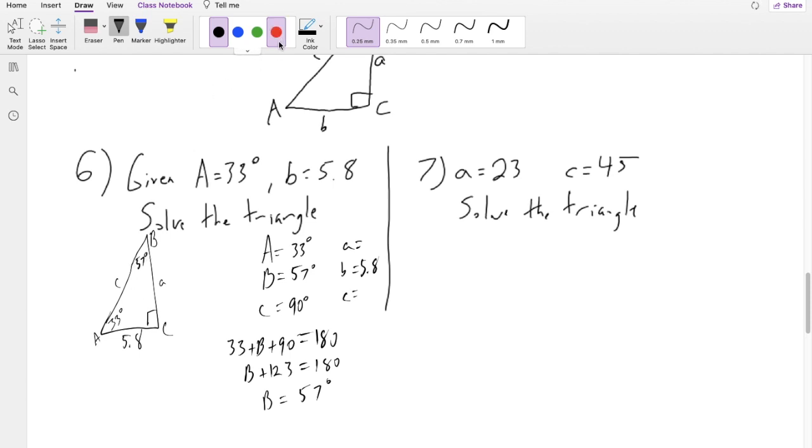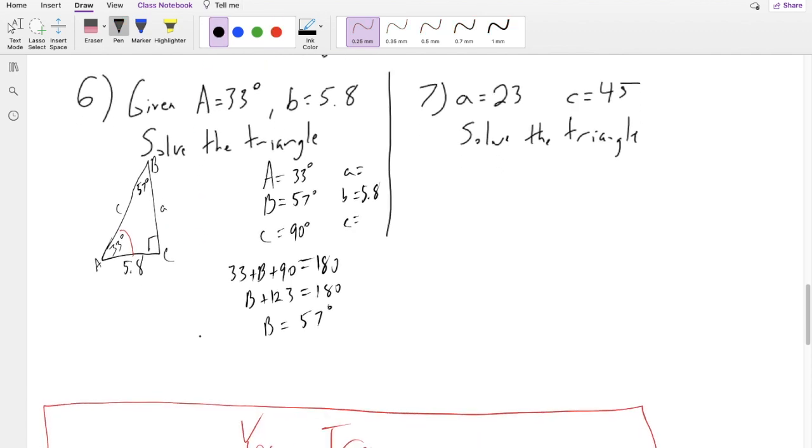Now notice that we just need two sides. It doesn't matter which one you want. So let's try to find side A. I'm going to use the trig ratio by looking from angle A. I know from that angle 5.8 is my adjacent side and A is going to be my opposite.